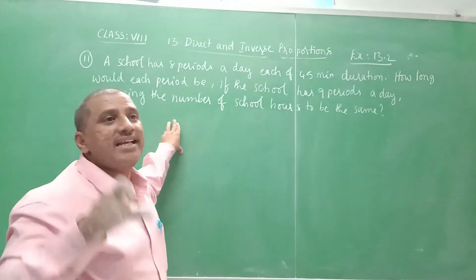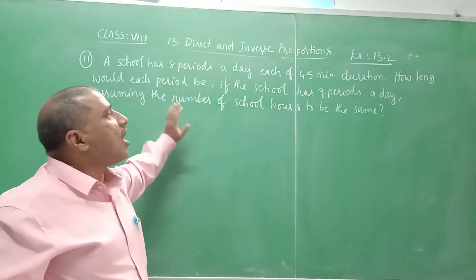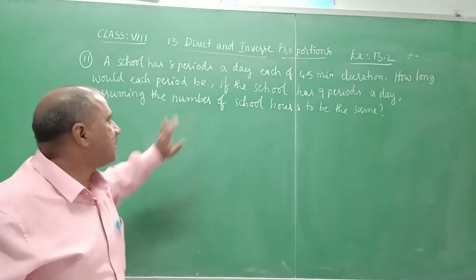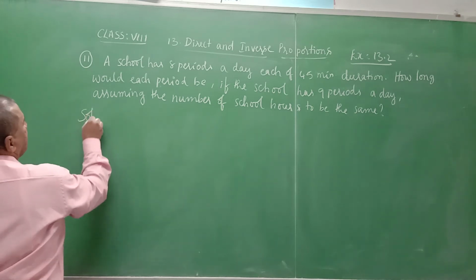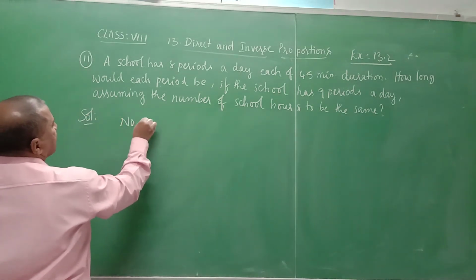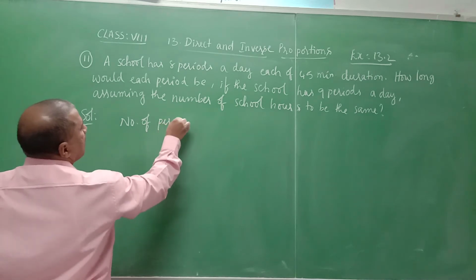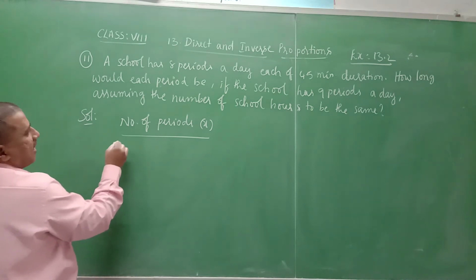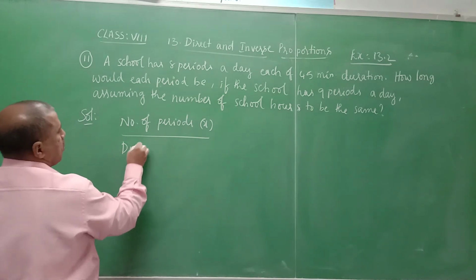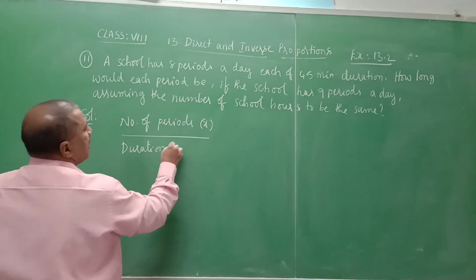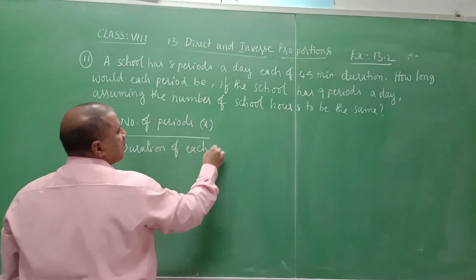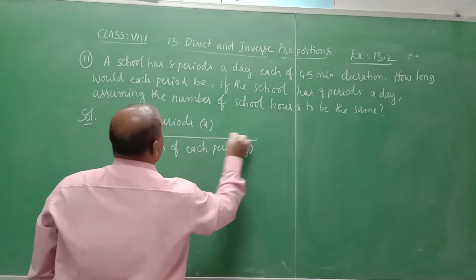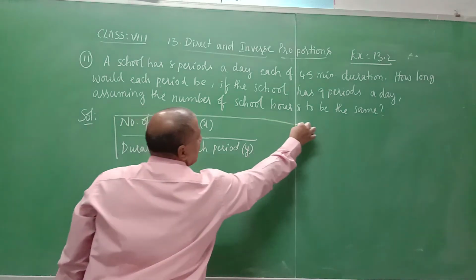It means it is in inverse proportion. So how much is the time of each period if 9 periods are there? Yes, first write the table. Here the number of periods we will take as x, and the duration of each period we will take as y values.